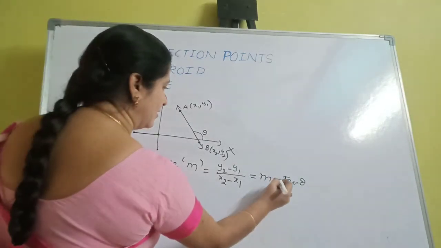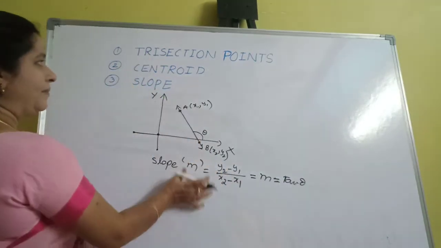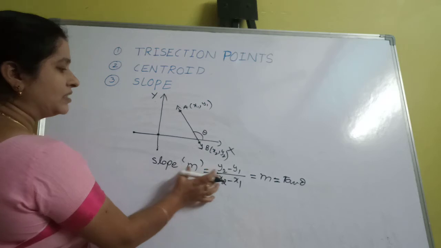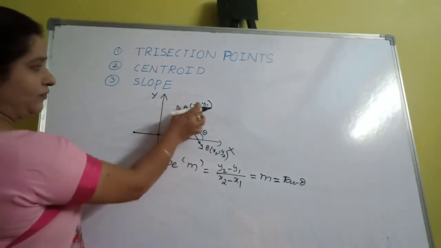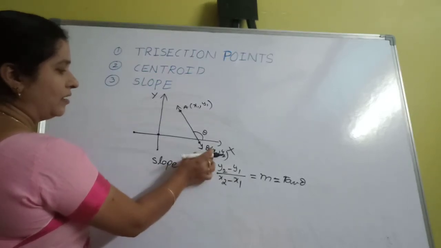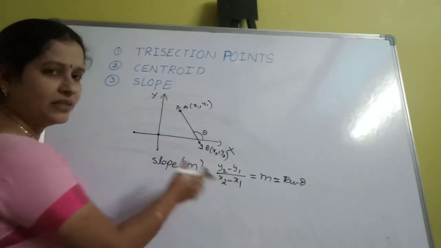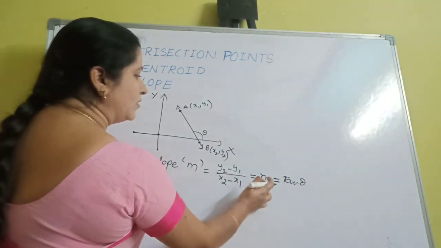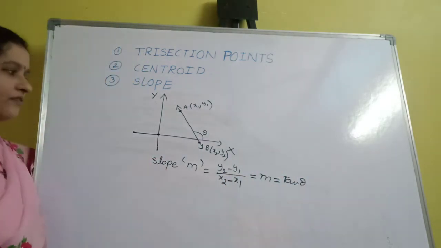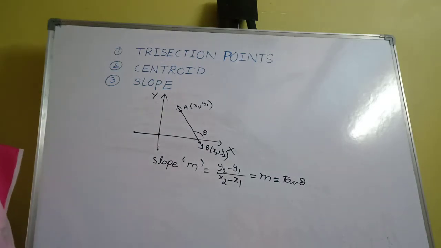So m has two formulas. First one is y2 minus y1 by x2 minus x1: if two coordinates are given, you can easily find the slope value. If theta is given, by using m equals tan theta, you can find the slope of a line.